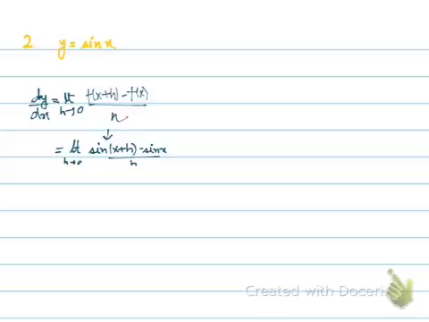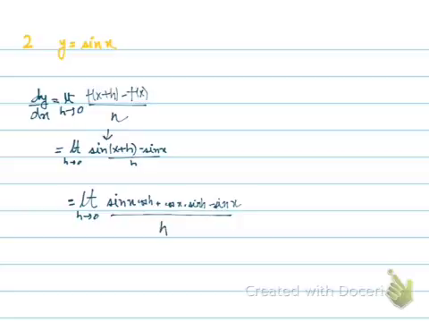So I'll get limit h tends to 0 of sine x into cos h, plus cos x into sine h, minus sin x, divided by h.